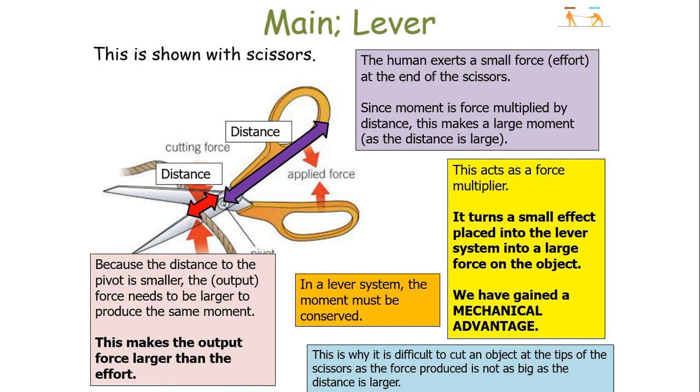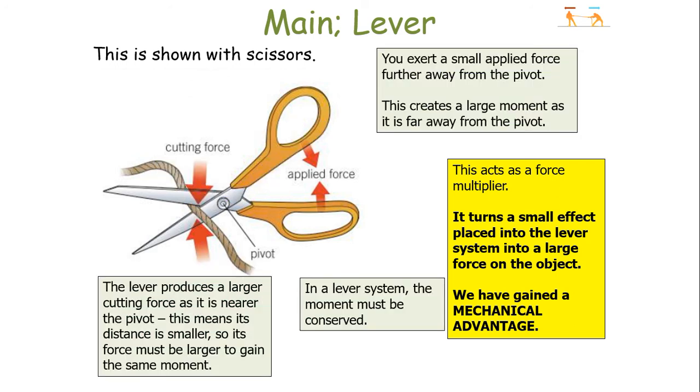So that's why it's actually difficult to cut an object at the tips of the scissors, because as the distance from the pivot increases, the force needed to produce the same moment goes down, so that's why the cutting force is smaller. So just to clarify, in any lever, the moment must be conserved. So if you want to increase the force at any part of a lever, you ensure the distance to the pivot is very, very small.